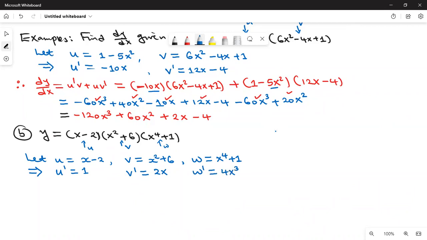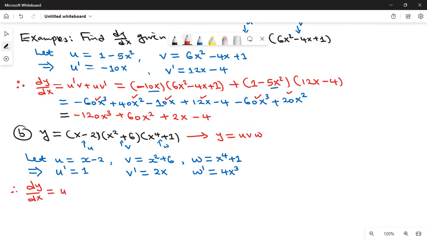So therefore, we now need to find dy dx. You see from here, it means y is equal to u times v times w. So to get dy dx, you start by differentiating the first function, keeping the others constant.